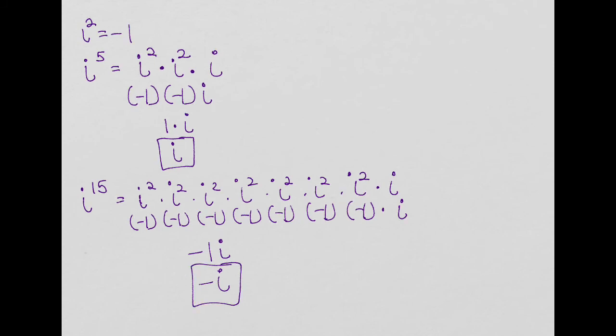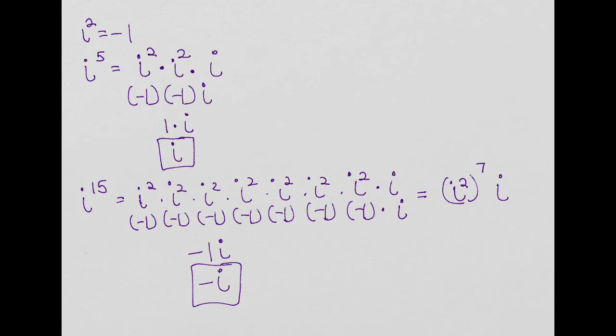But there's a shorter way to write that. What I could do here is take this 15 and figure out how many i squareds there are. So if I divide it by 2, 15 divided by 2 is 7. So I could have i squared to the 7th power, because 2 times 7 is 14.